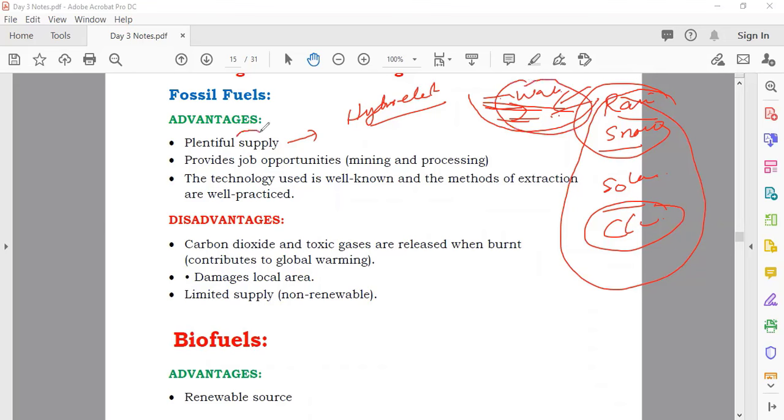Here, plentiful supply means that if you have a source, for example crude oil under the ground, you can take it anytime, even the daytime, even the nighttime, even if it is raining, even if it is cloudy. So supply is continuous. But here supply is limited. It means if there is no rain, no snow, the water level goes down.